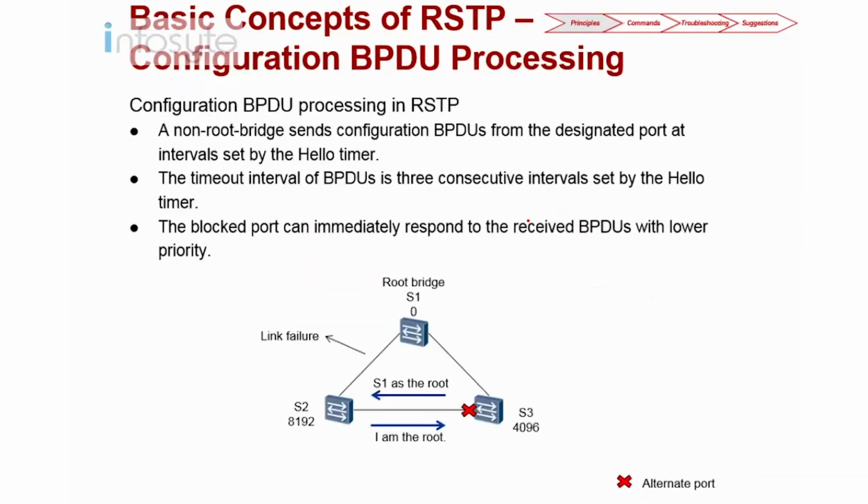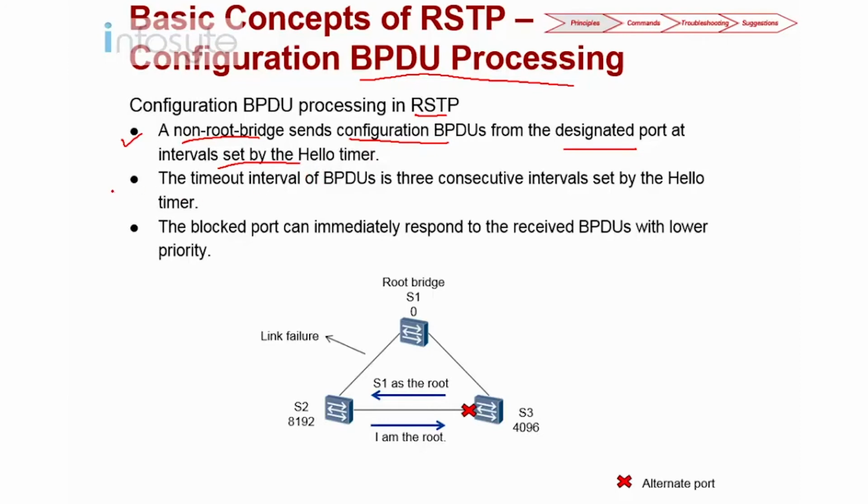Another major difference between the legacy STP and the RSTP, or Rapid Spanning Tree, is how RSTP processes BPDUs differently. First, a non-root bridge sends a configuration BPDU from a designated port at the interval set by the hello timer. We know that in STP only the root bridge sends the BPDU, but in RSTP a non-root bridge does send the configuration BPDU at the interval set by the hello timer.